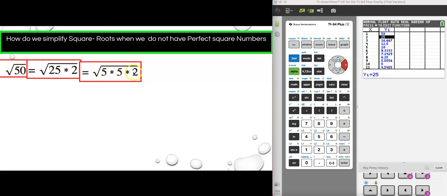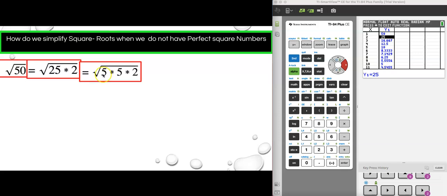If you ignore the 2 and go back to when we were talking about perfect squares, you'll see I have two 5s. Taking the square root allows me to take one 5 out, because 25 is a perfect square.